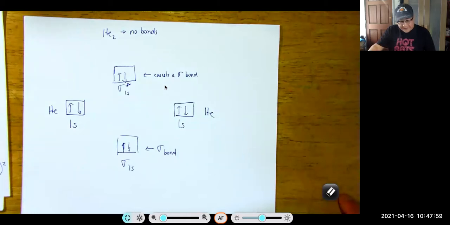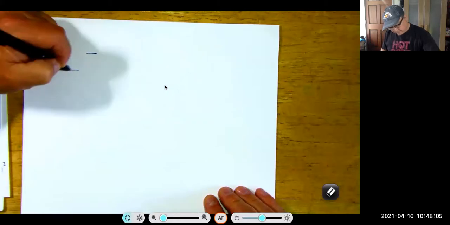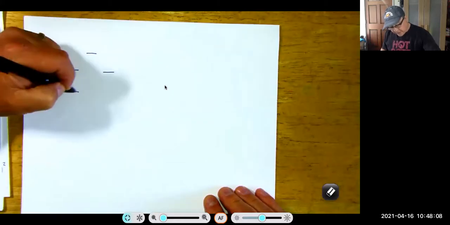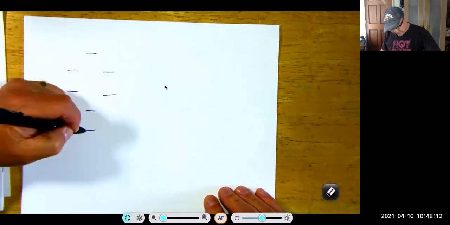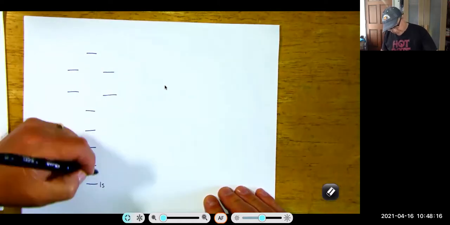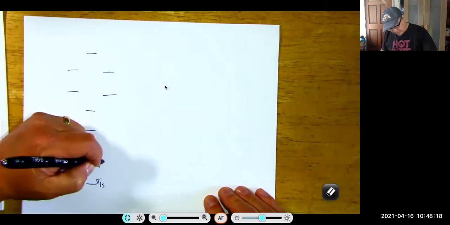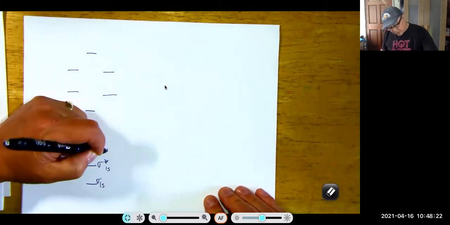And if we look at this diagram, you can tell that I'm going to be doing one that's either oxygen or fluorine. I'm not going to draw the boxes anymore.